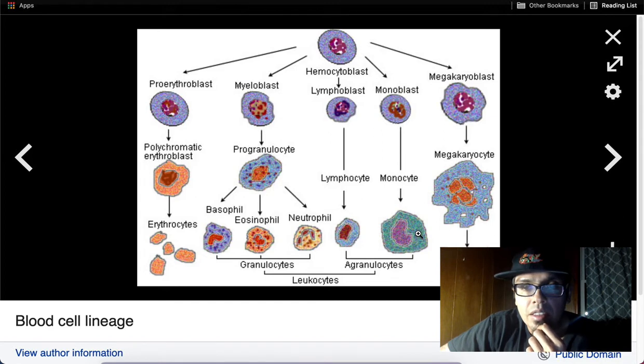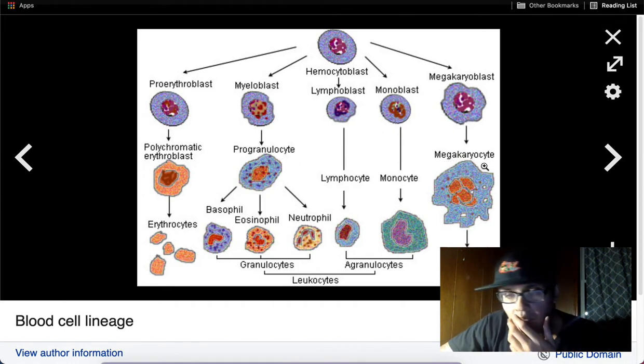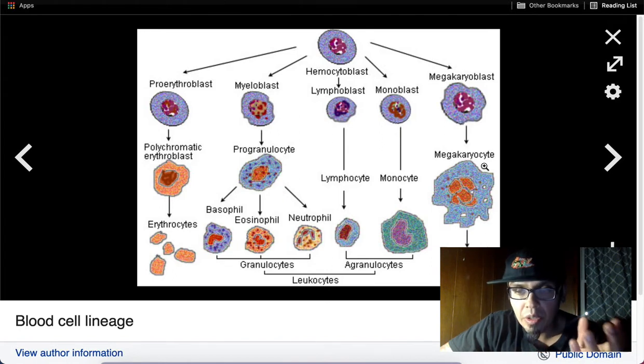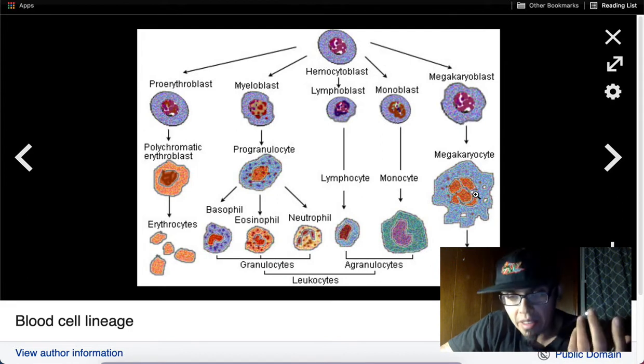So basically, they contain a bunch of material in their nucleus, which is known as a lobulated nucleus. This is a lobulated cell, and you can kind of tell from the naming, mega meaning large, karyo meaning nucleus, and cyte meaning cell, that they're huge. And what you see from this chart, they turn into thrombocytes or platelets.